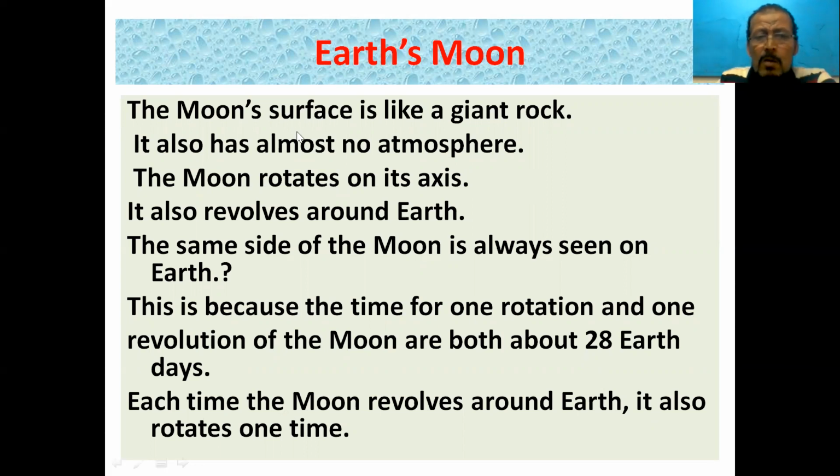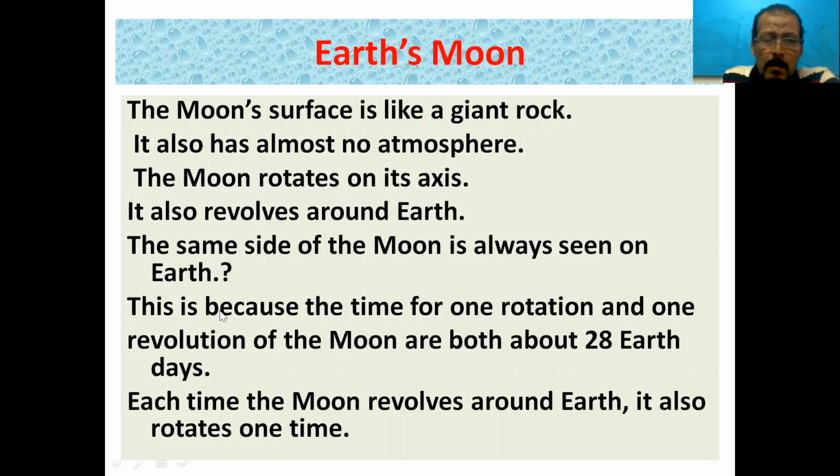The moon rotates on its axis and also revolves around the earth. A side of the moon is always seen from the earth. This is my question, one we ask ourselves every time: why do I see the same side of the moon?